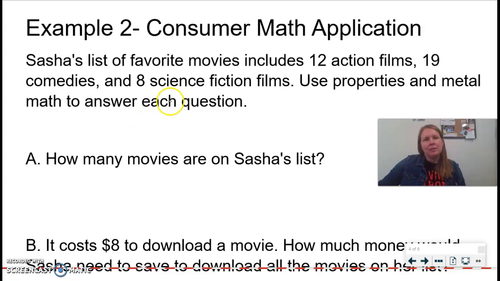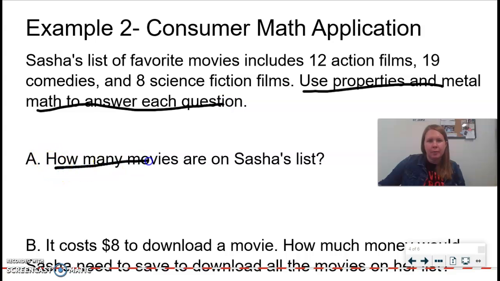Use properties and mental math to answer each question. How many movies are on Sasha's list? All right, well, let's think about this. Let's use our power math. We will underline our problem, use properties and mental math to answer each question. Here's my question. How many movies are on Sasha's list?